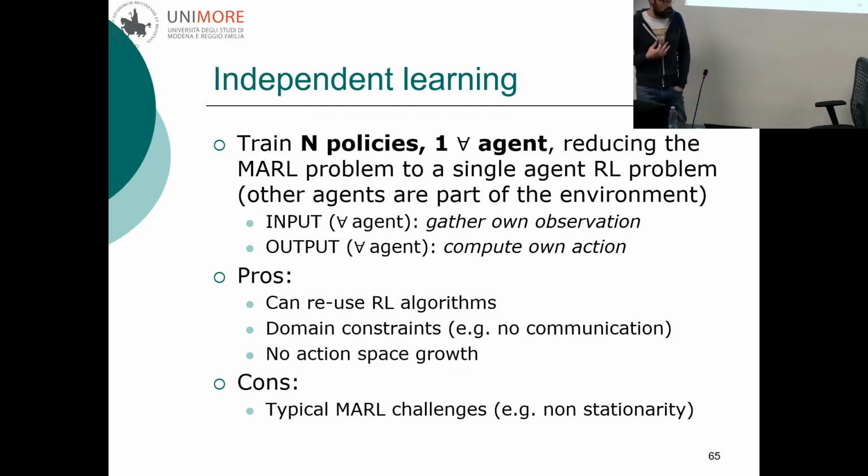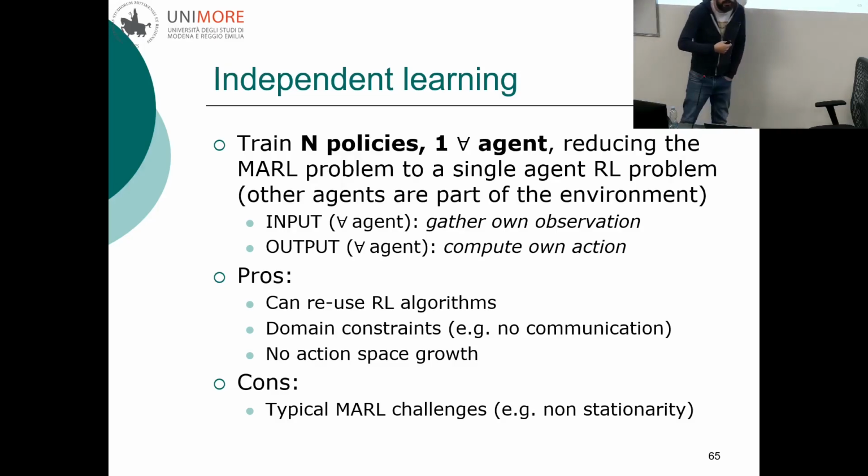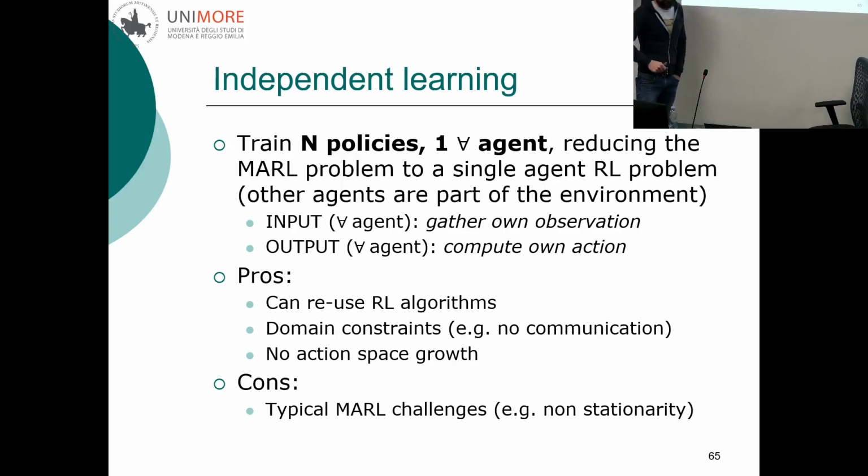Q-learning, whatever you want, SARSA, whatever. The input and output of this algorithm, what will it be? Well, for each agent, the agent only gets its own observation and its own reward, and the output of the algorithm is, for each agent, only the action that that specific agent has to do. No? Okay, wonderful. So, always do this.